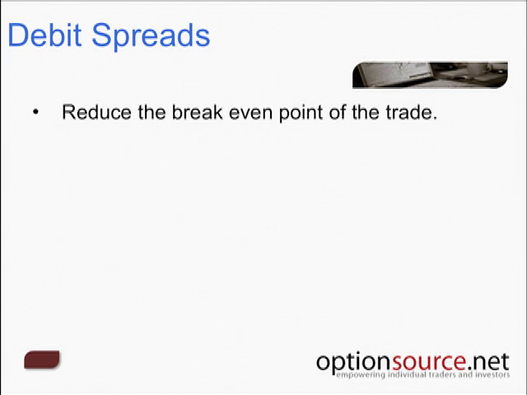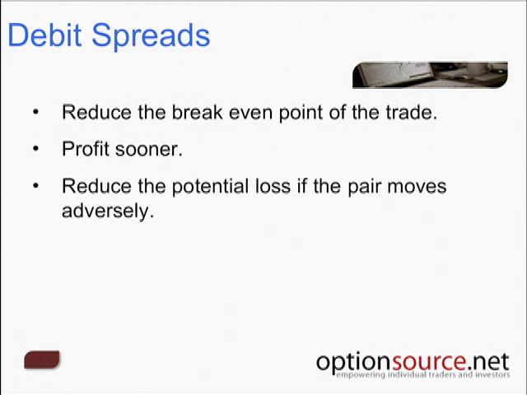So moving forward here, guys, just to really summarize the power of debit spreads. We reduce the break-even point of our trades, which means that ultimately the underlying pair does not have to move as significantly for us to get ourselves in a profitable position. Again, this allows us to profit sooner. So rather than having to sit around and wait for the pair to make a very significant move, by lowering the cost basis of the position, we actually get to recognize a profit much sooner.